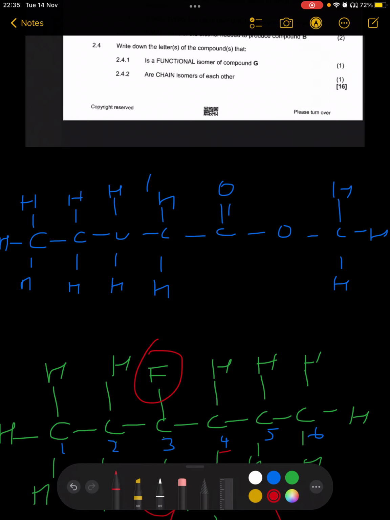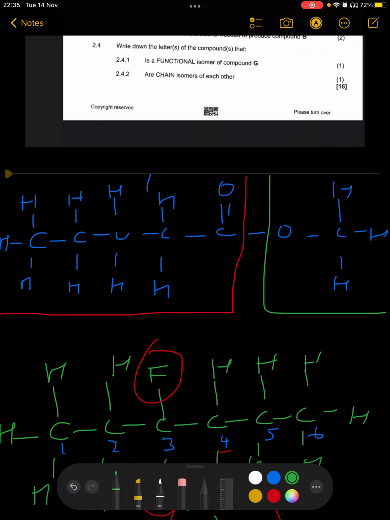We get this O8 part from the carboxylic acid, and we get this alkyl part from the alcohol.